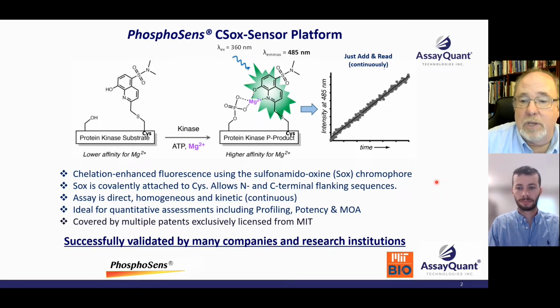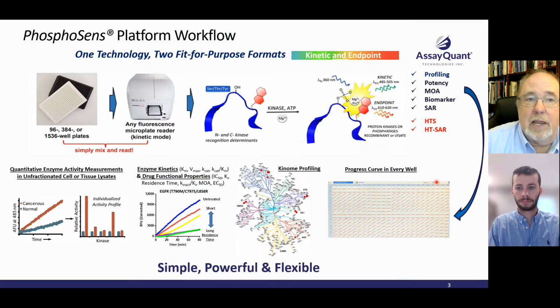We use this technology for a lot of different purposes. We can do it in any kind of well and just about any kind of plate reader. Very likely you have one in your shop that can do it right now. We use this assay system and we get this progress curve in every well. You can actually watch this develop, as every 14 seconds to a minute, or however long you've got it spaced, points are added to the progress curve as this goes along.